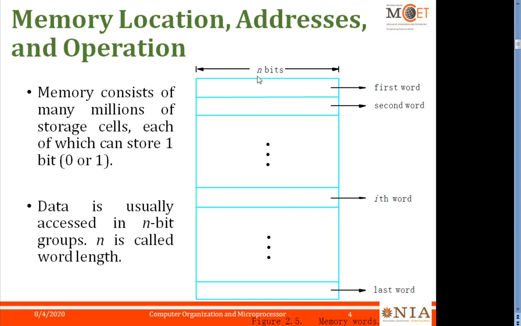This may vary from 16 bits to 64 bits. Here this is our memory. Each location will store one word. That is, it may store either a 32-bit word, a 64-bit word or a 16-bit word, based on the size of the locations.